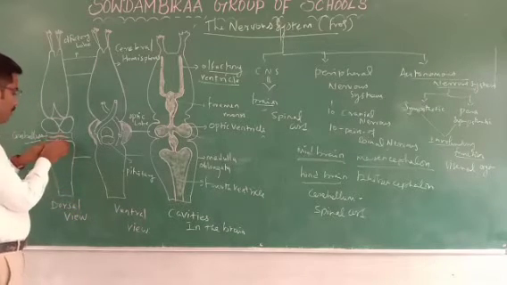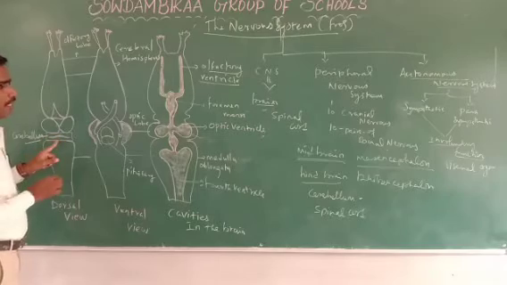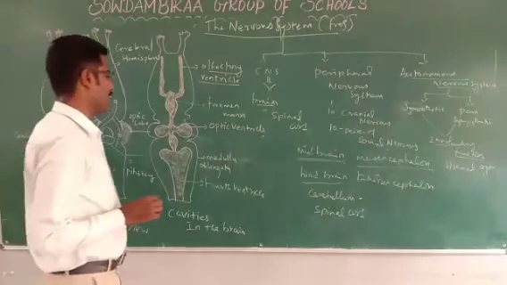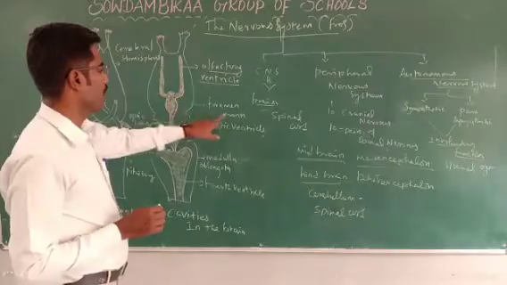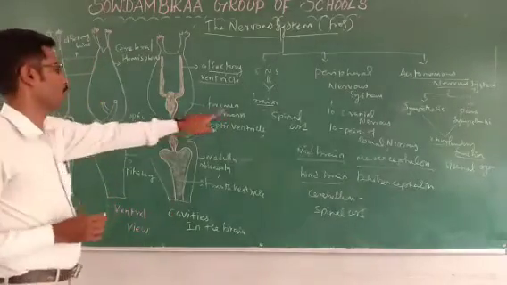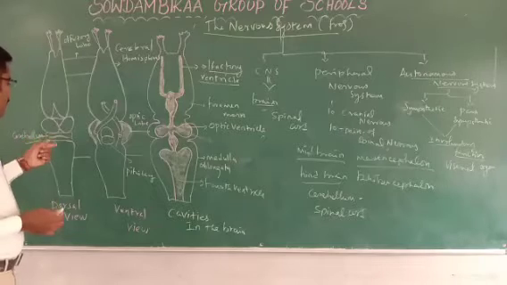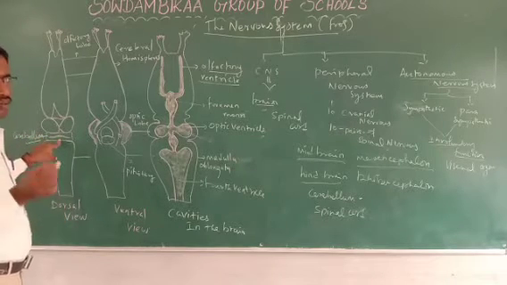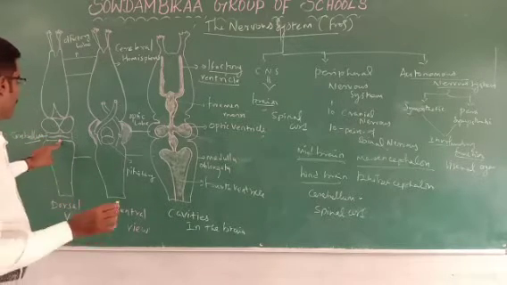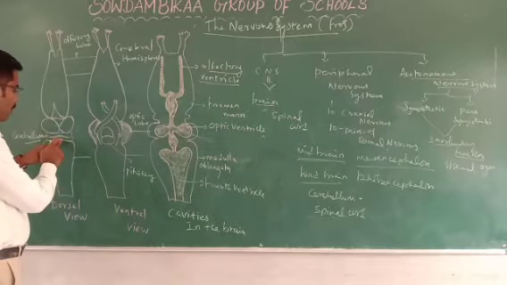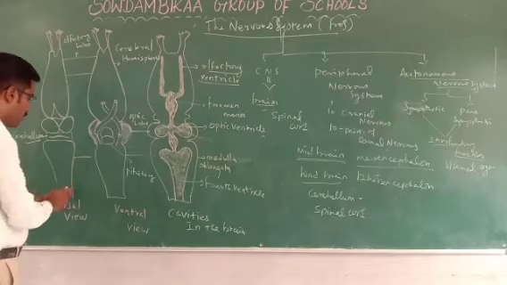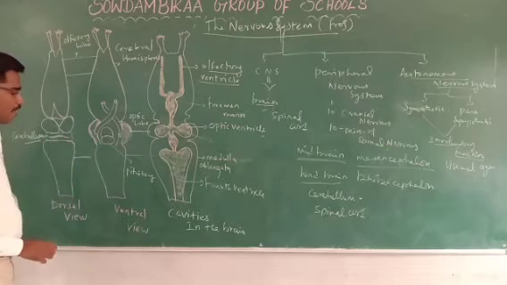Then there is the foramen magnum, the hole inside. The foramen magnum takes the continuation into the spinal cord.